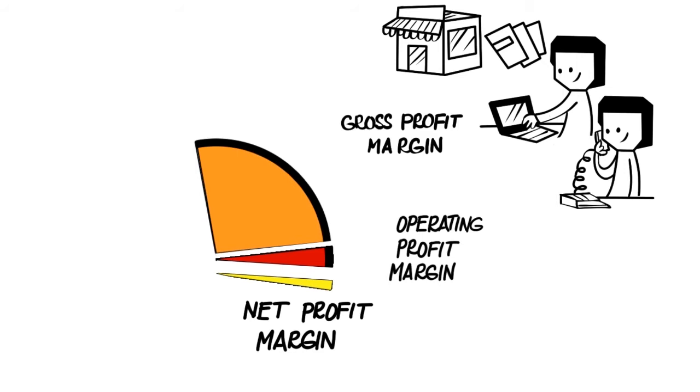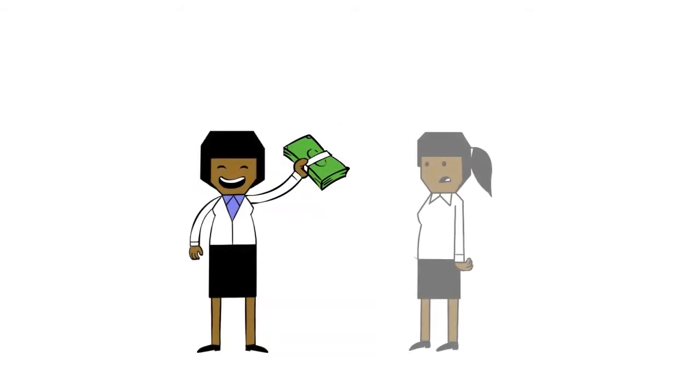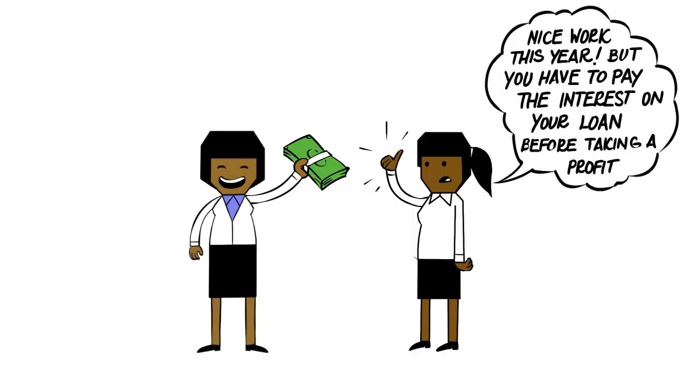A low operating profit margin will lead to a low net profit margin. However, if your operating profit margin is good, but you have a low net profit margin, it means that your investment or financing activities are eating up the income generated by your core operations.